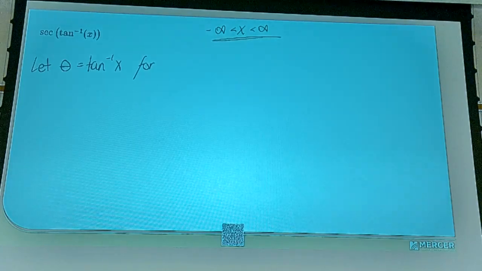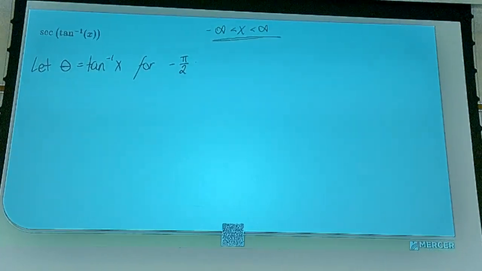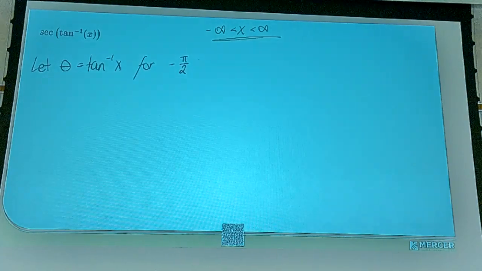And what do we say the range of the inverse tangent was? Open or closed? Open.